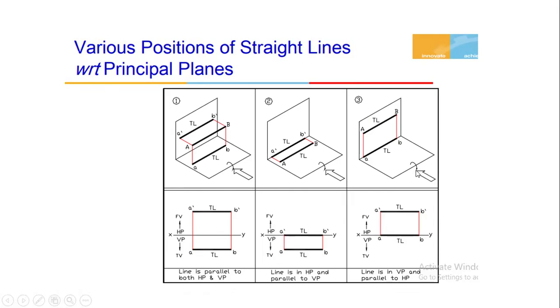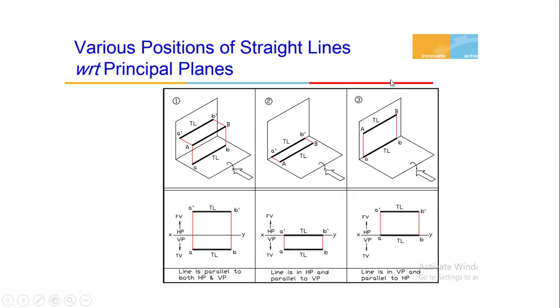The observer stands in front of the vertical plane and views the object from the front view direction. The line AB is at some distance away from the XY line, resting on the vertical plane. So draw the front view directly, A dash and B dash.